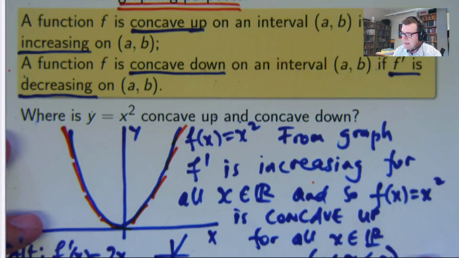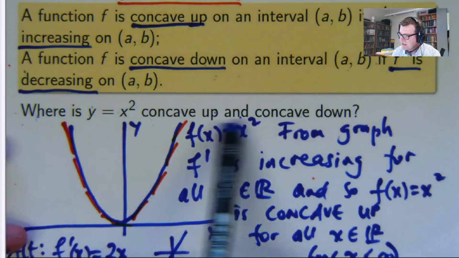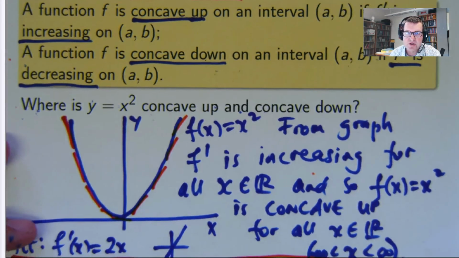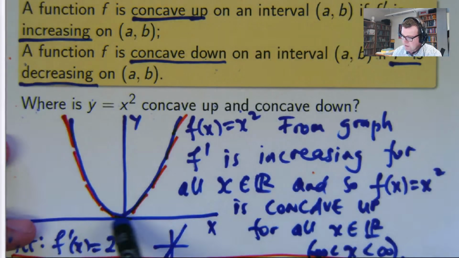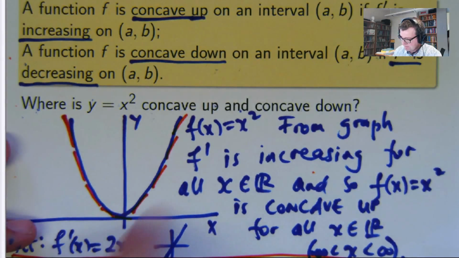So here I've put in an example. I've just used the basic function x squared. Where is this function concave up and where is it concave down? I've taken a very geometrical approach. I've drawn in the graph of x squared, and then I've plotted some of the tangent lines.